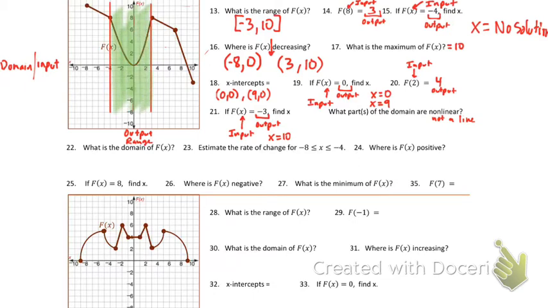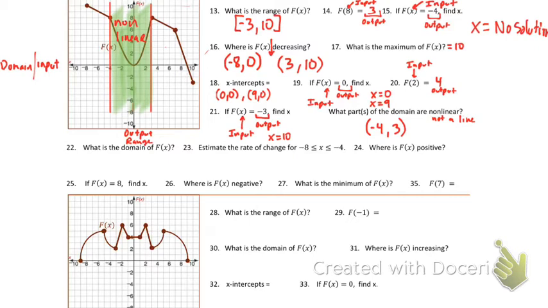All right? So this would be called non-linear. Okay? And we want to use the domain to tell everybody my non-linear part starts at -4 and ends at 3. Okay? So we're going to go and do interval notation. Starts at -4 and ends at 3. And that is our domain of non-linear.